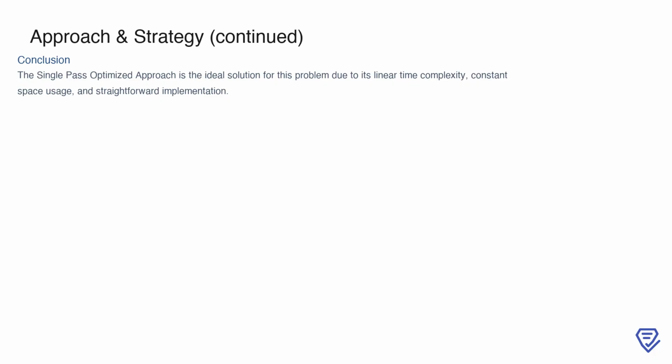The method is not only computationally efficient but also straightforward to implement, which is particularly valuable in competitive programming or interview settings. By dynamically updating the counts of zeros and ones during a single traversal, we avoid the inefficiencies of the brute force and prefix sum methods while maintaining clarity and simplicity. This balance of speed, space efficiency, and simplicity makes the single-pass optimized approach the clear choice for solving this problem effectively.